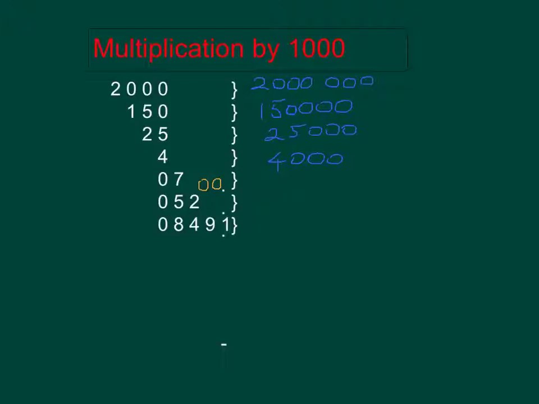And at 52 now fills with a gap here, so our answers are 700, 520, and what was originally 0.8491 is now 849.1, because I moved down here the decimal from behind the 0, 1, 2, 3 positions, and there's my answer. So multiplication by 1,000 either adds zeros or moves the decimal place to the right.